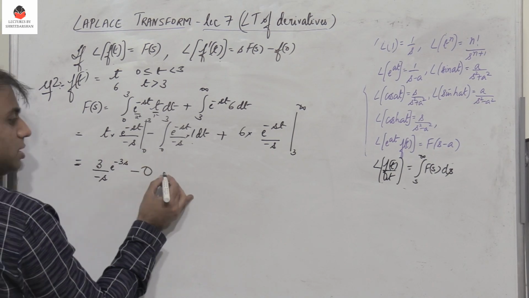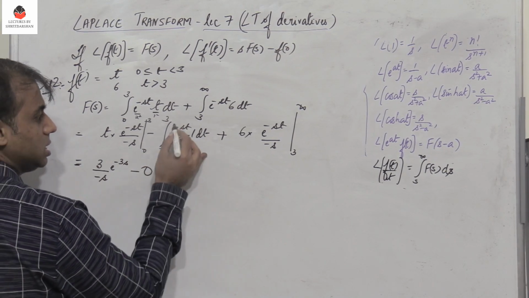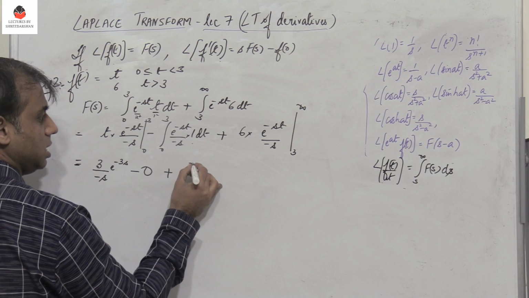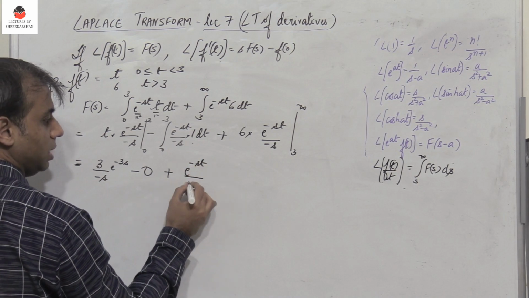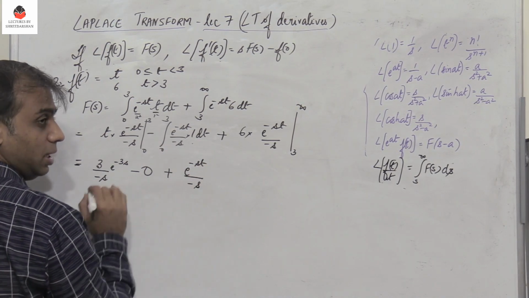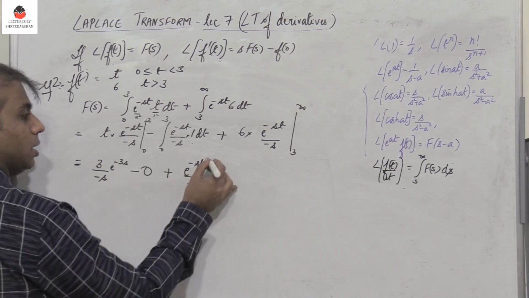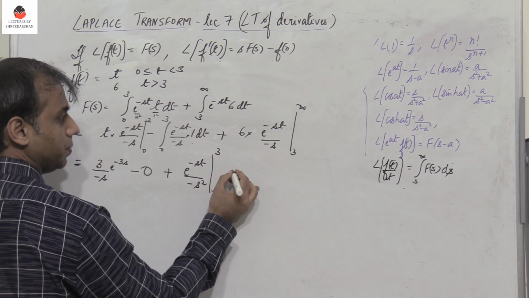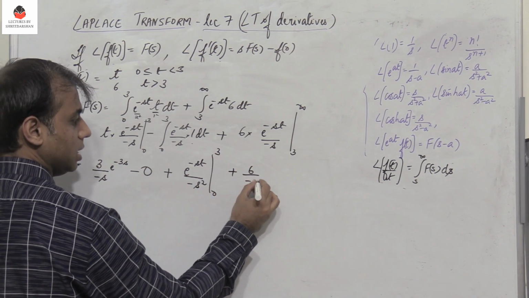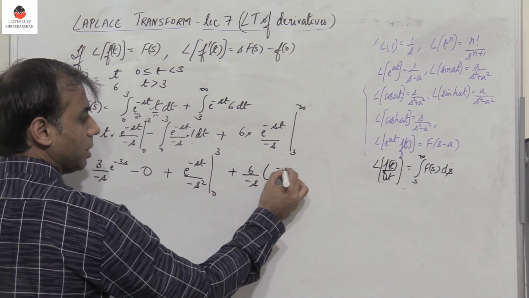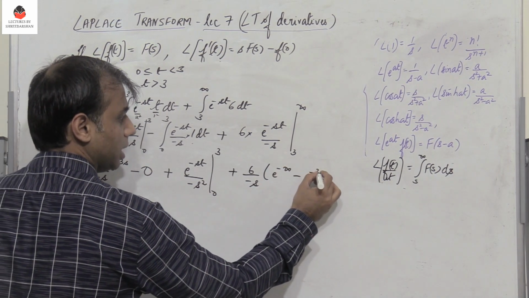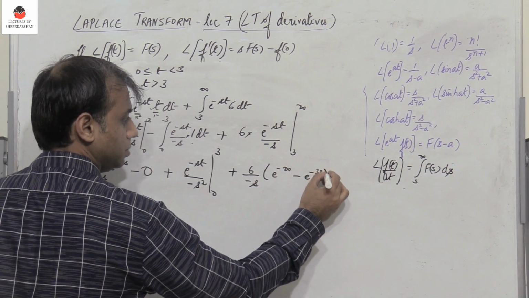Now minus into minus is plus. The integral of e power minus st is e power minus st by minus s, again. You already had one s, so it's going to be minus s square with the limits 0 to 3, plus 6 by minus s times e power minus infinity minus e power minus 3s.